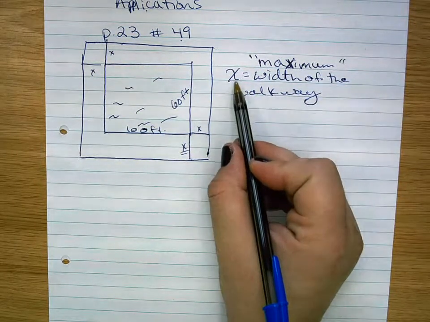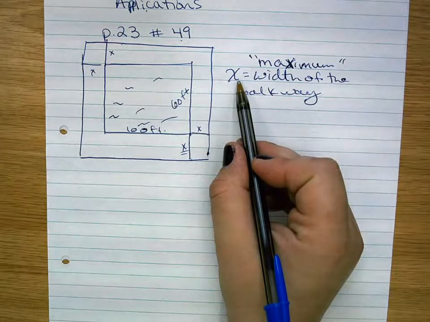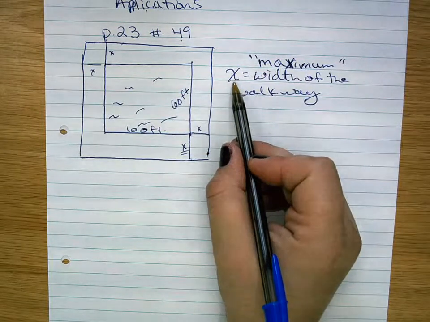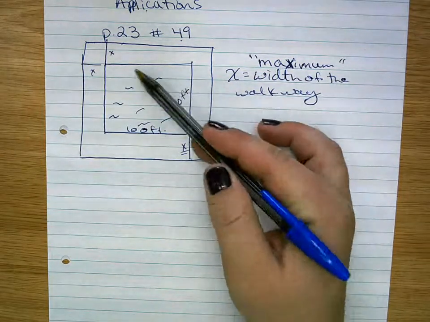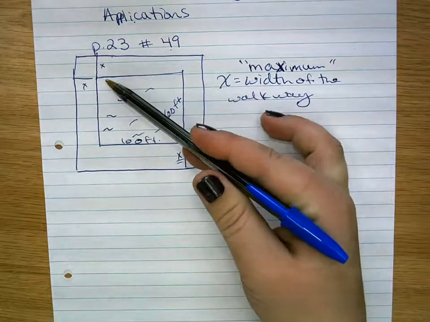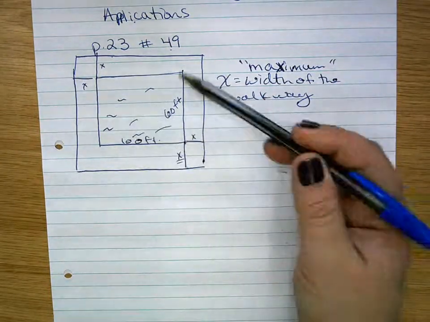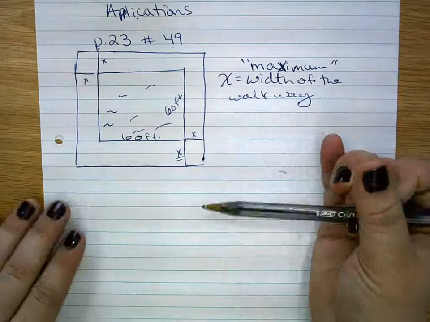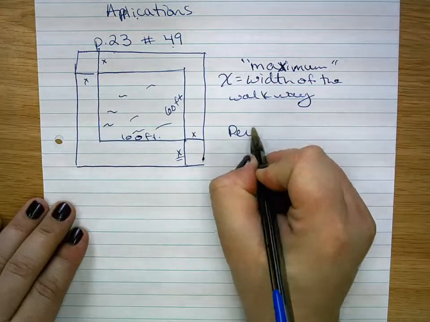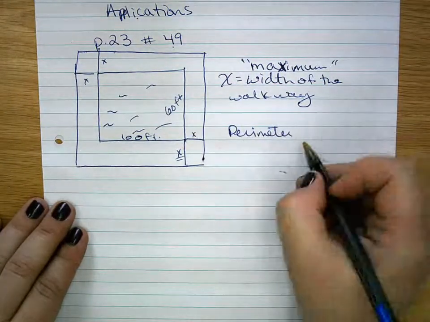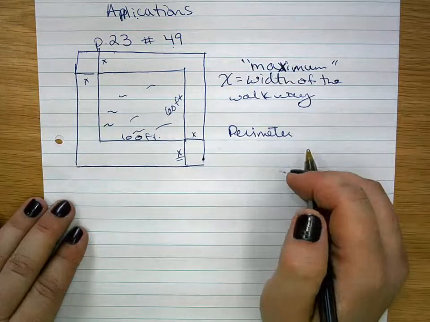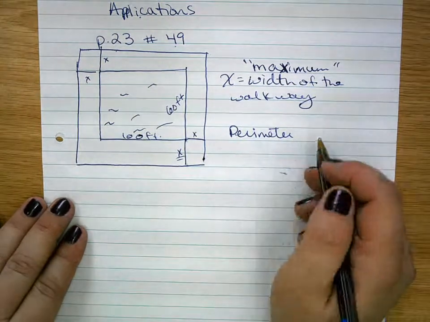So, we have x as the width of the walkway. Now what we're going to do is see how x is related to the perimeter. Okay? So we're going to look at the perimeter of the pool, perimeter of the walkway. First, let's just look at the perimeter of the pool. Now here, I may use this information, I may not. It may be part of it. It might not be my final equation.